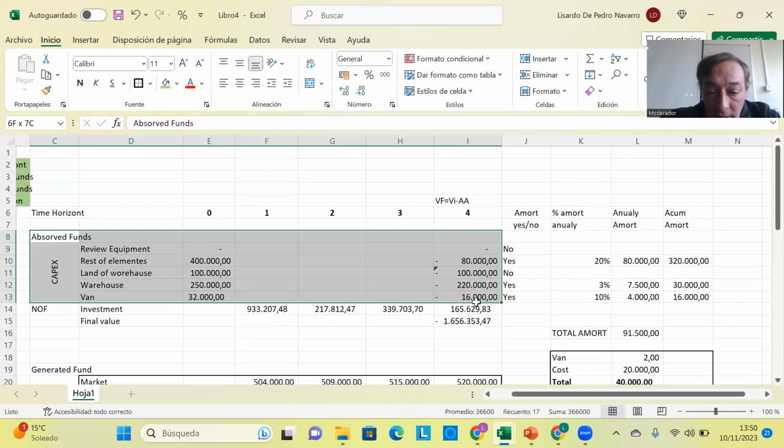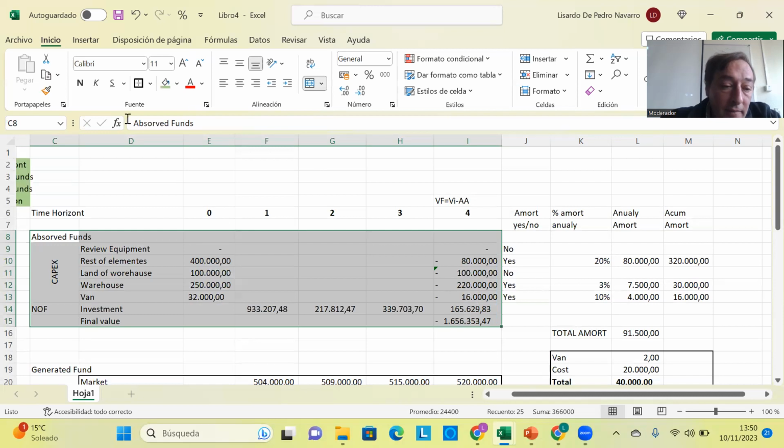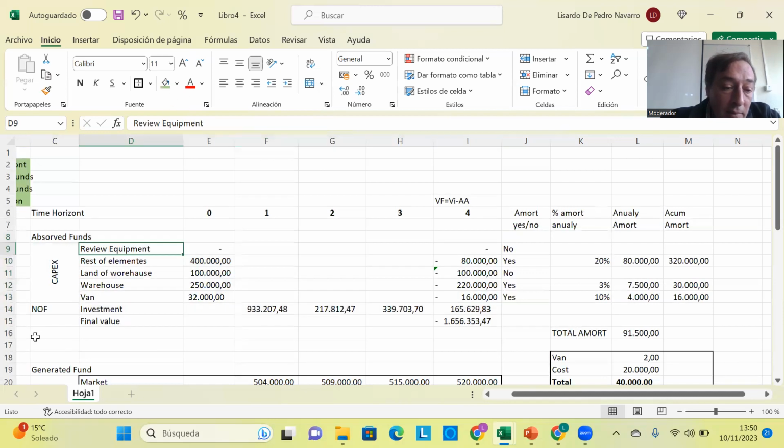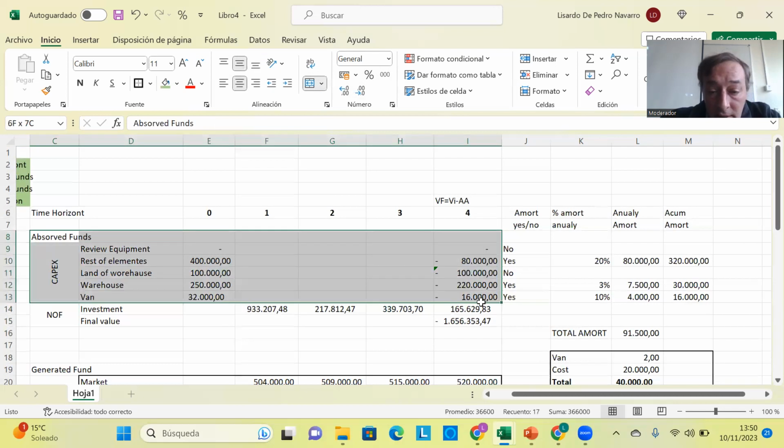So with this one, we have here, let me put here this one. No, it is this one, and this is the total absorbed funds.